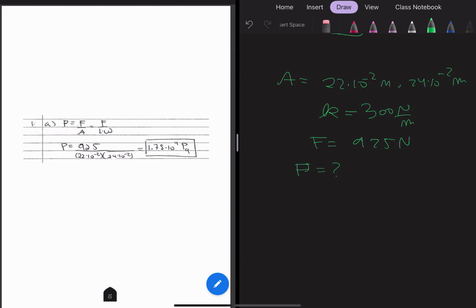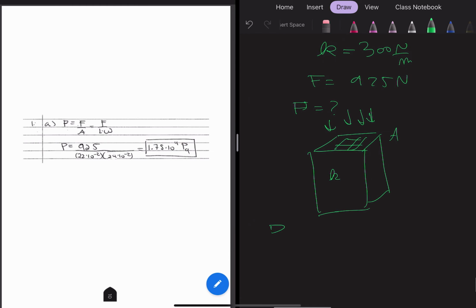So what we have is there's a beam. The beam has a cross-sectional area A. And it does have some stiffness, and there's some force applied across the area, but all we want is a pressure.